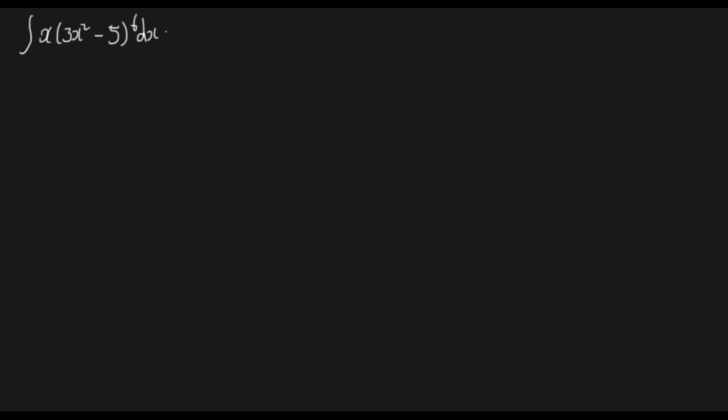The first step here is we are going to let u be equal to the inside function. So the inside function is 3x squared minus 5. Now we are going to differentiate this function with respect to x.